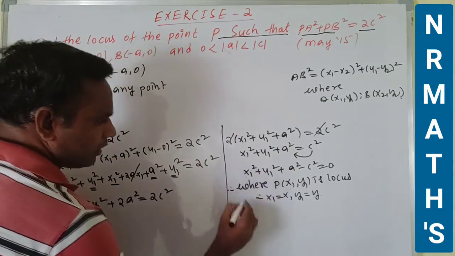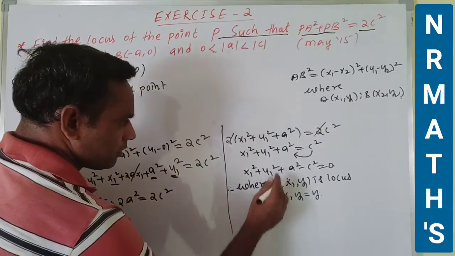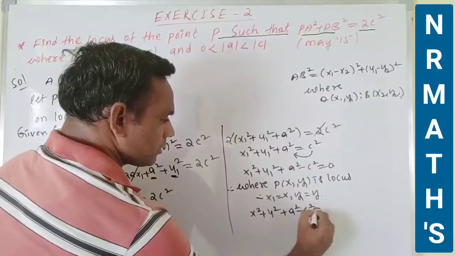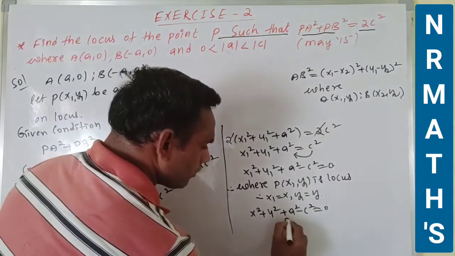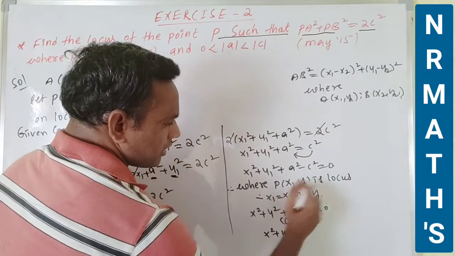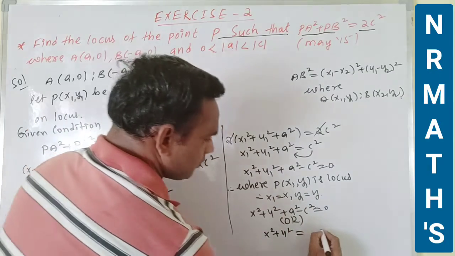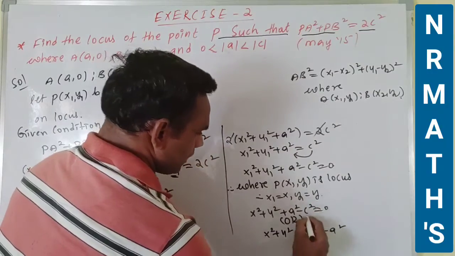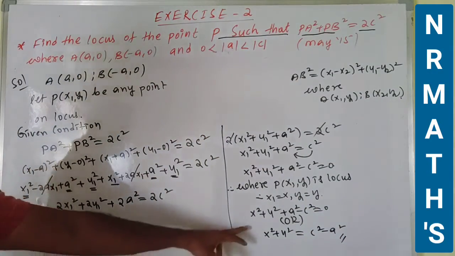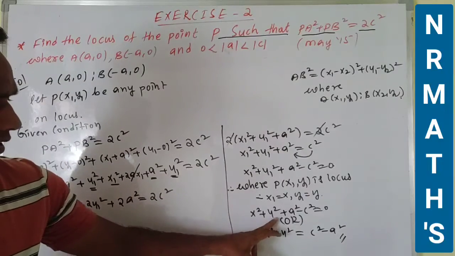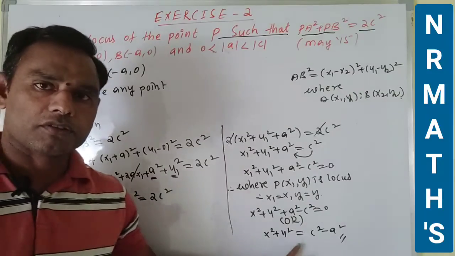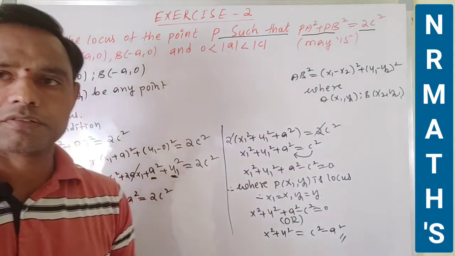So x square plus y square plus a square minus c square is equal to 0, and the required locus is x square plus y square is equal to c square minus a square.